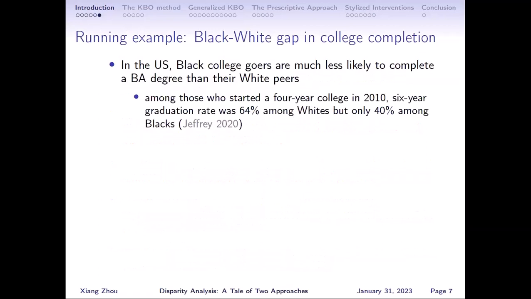So here are a few more words about our running example. We know that in the US, Black college goers are much less likely to complete a bachelor's degree than their white peers. A recent study shows that among those who started at a 4-year college in 2010, the 6-year graduation rate was about 64% among whites, but only about 40% among Blacks.